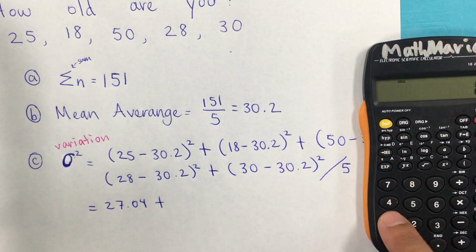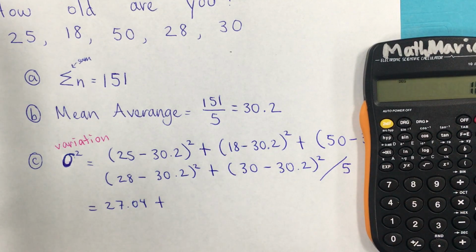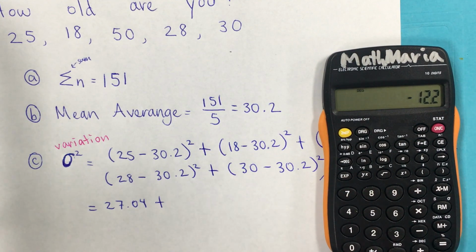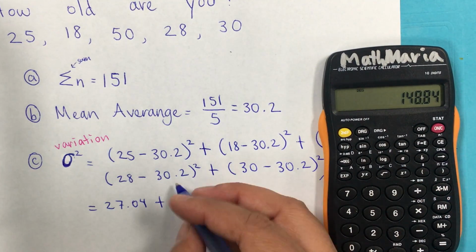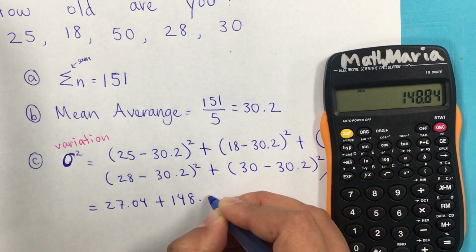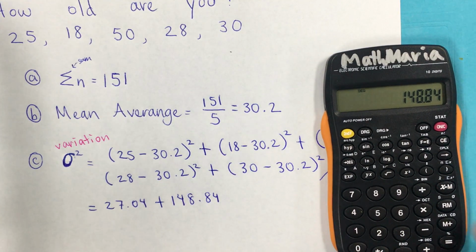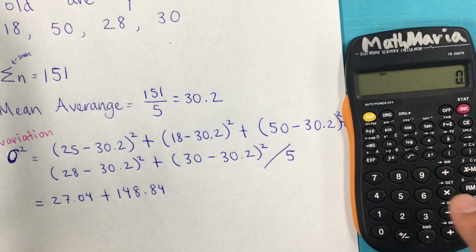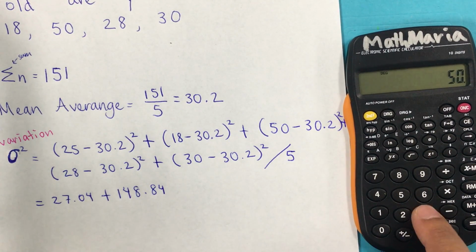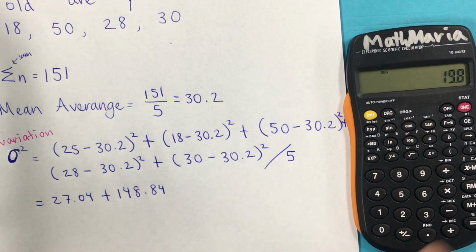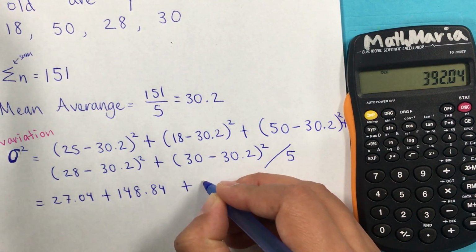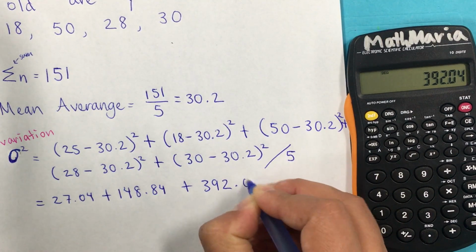Now let's clear that. 18 minus 30.2 equals, square that, and you get 148.84. We clear and do the third one. 50 minus 30.2 equals, square that, and you get 392.04.